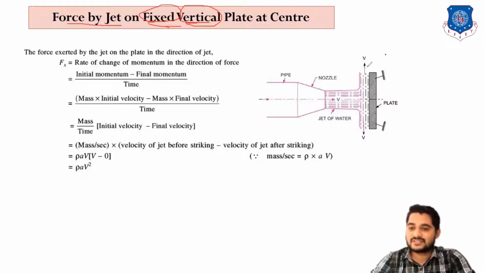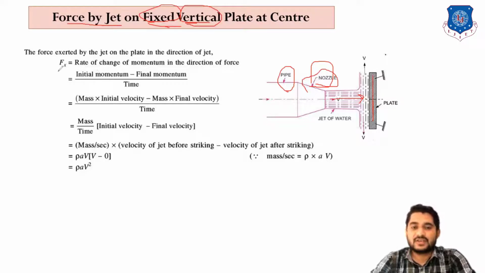As shown in this sketch, a fixed vertical plate is there. From one pipe, one nozzle is connected for the jet. The jet is coming out of the pipe and impacts at the center of the fixed vertical plate, right? We have to derive the force exerted by this jet on this plate.